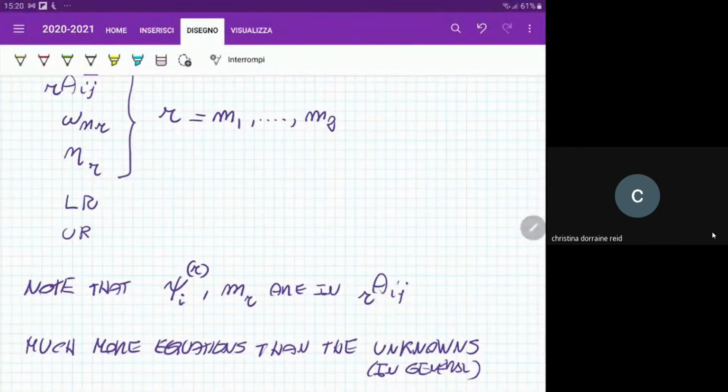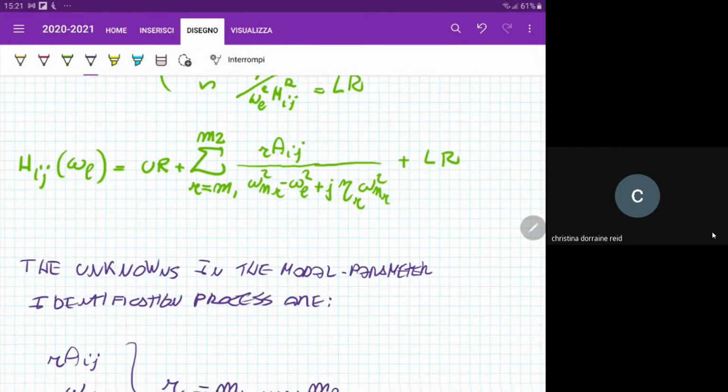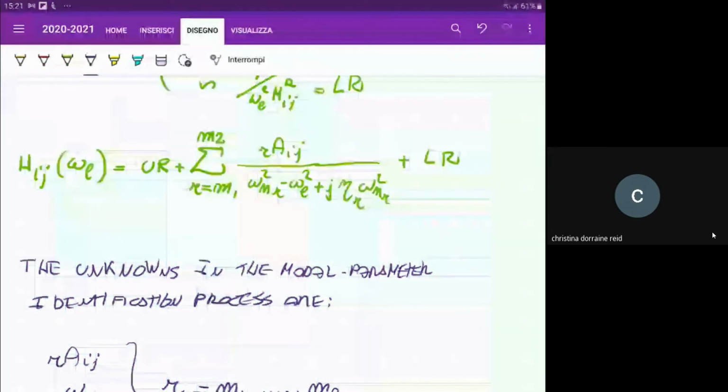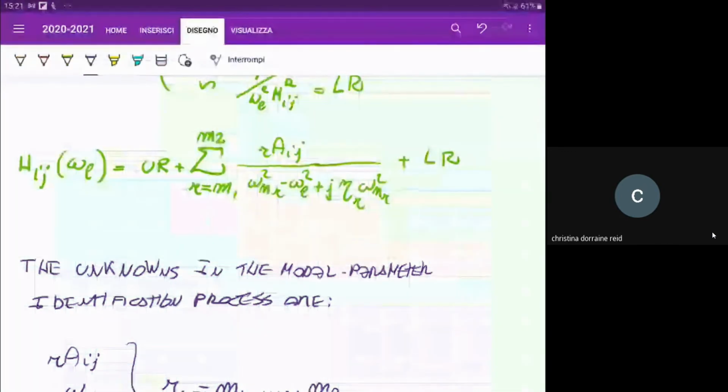Why that? Because you know your frequency response functions, Hij, at all the frequency lines that are available in your experimental analysis. And if you remember, your experimental analysis will involve the fast Fourier transform, the time to frequency domain transformation.